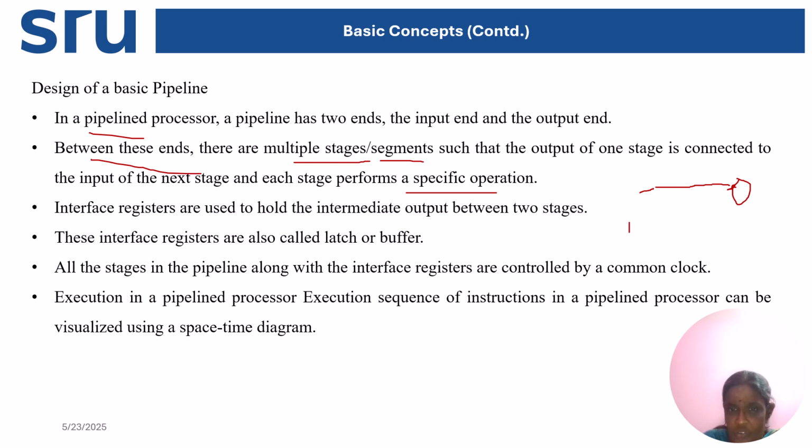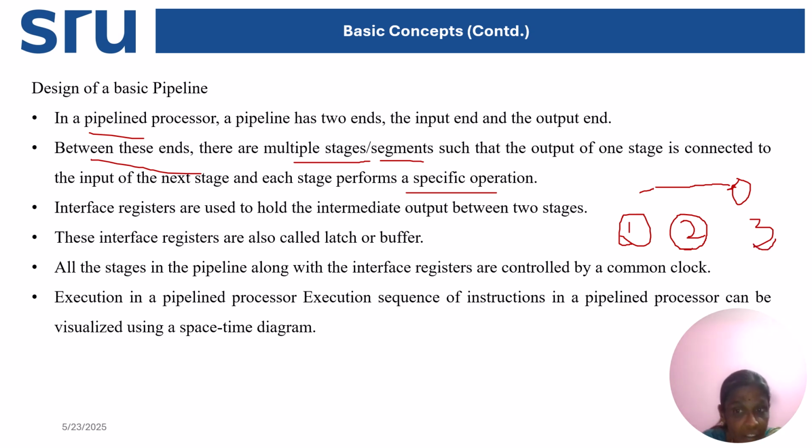It is one stage, the second stage and the third stage. The output taken from the first stage and the output taken from the second stage are called intermediate outputs. This output is going to the next input, and this output is going to the next input.